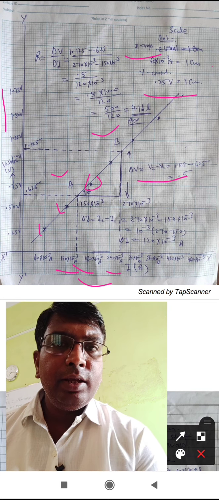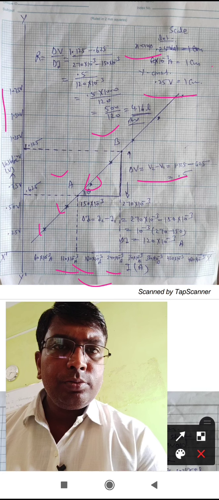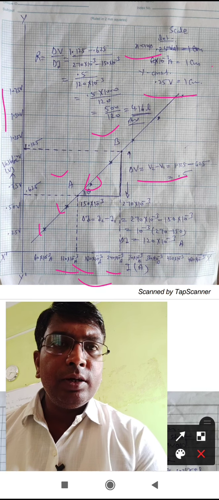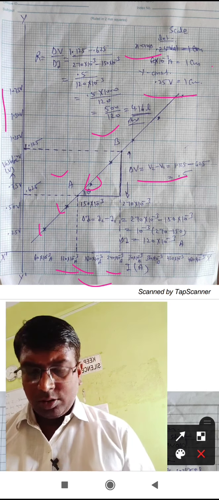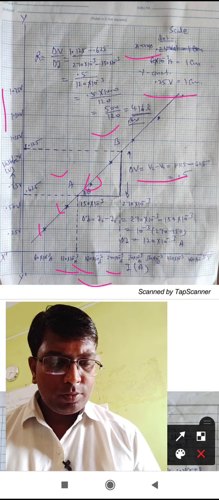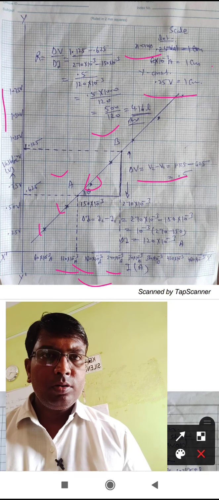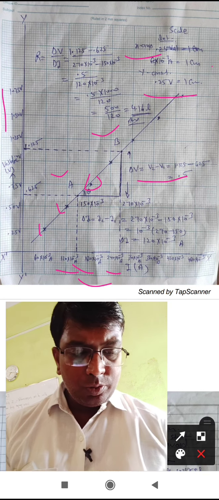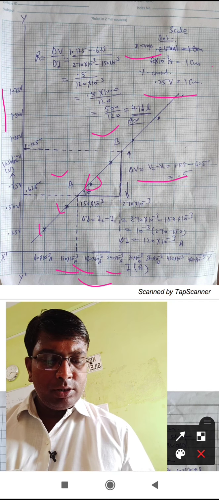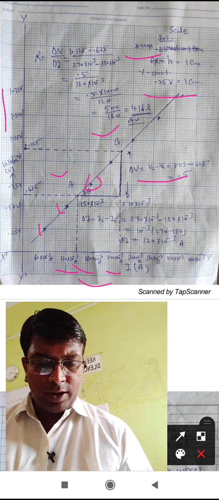And what is del V? Del V is equal to V2 minus V1, that is 1.125 minus 0.625, that is 0.5.